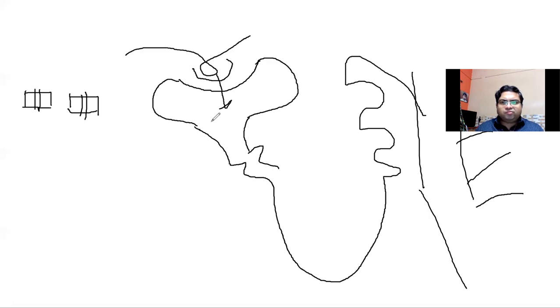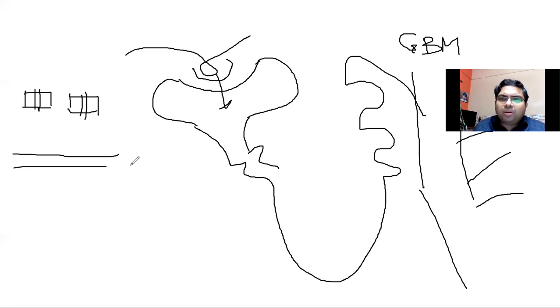Into the Bowman's space. Now we have a Bowman's capsule membrane, which is a trilaminar membrane, known as the glomerular basement membrane. It is a tri-layer membrane. The middle part will contain type 4 collagen and laminin.